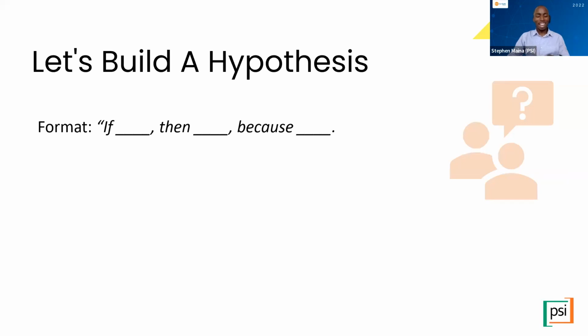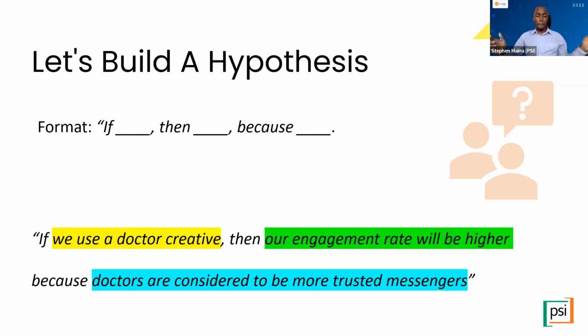Now, I'm going to start us off as you're thinking of a hypothesis that you could build. I'm going to challenge you to put your thinking caps on and think of a hypothesis based on an upcoming health campaign that is currently running or something that you anticipate to run early next year. So for me, as I mentioned earlier, our if, then, because statement could read something like this.